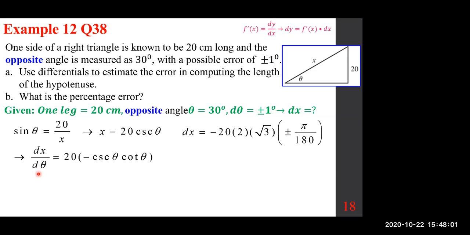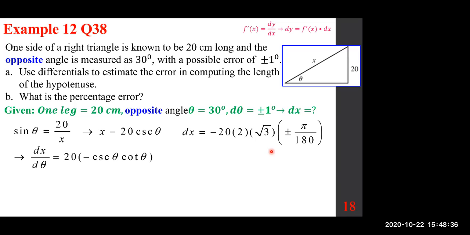So this one is cosecant 30 degrees. Remember, cosecant is 1 over sine, 1 over 1/2 is 2. This is cotangent 30 degrees. And this is d theta. D theta is plus minus 1 degree, or plus minus pi over 180, class.